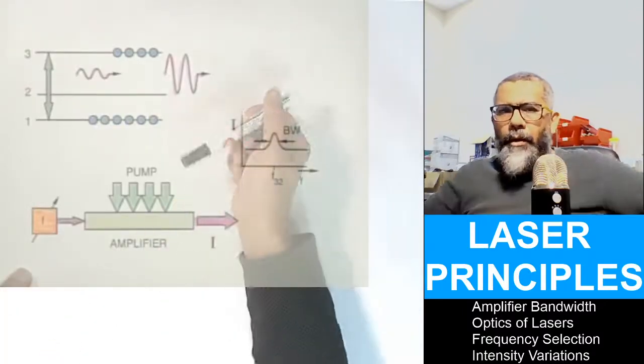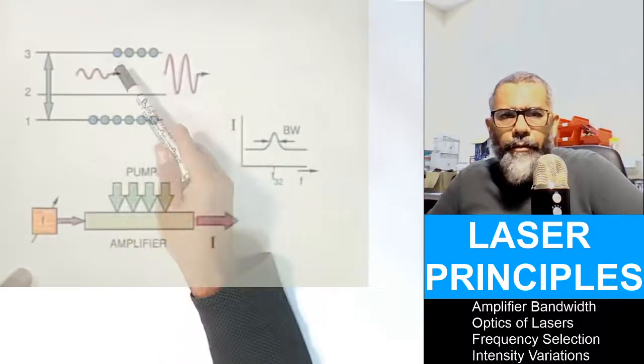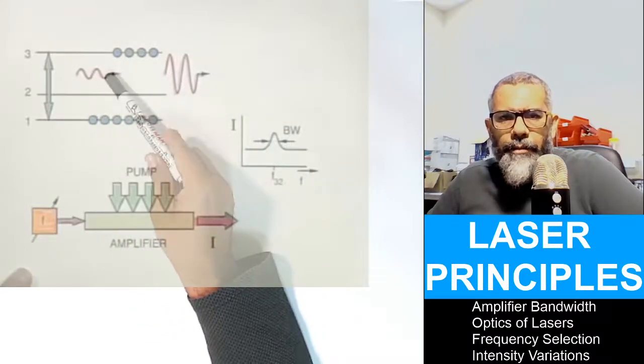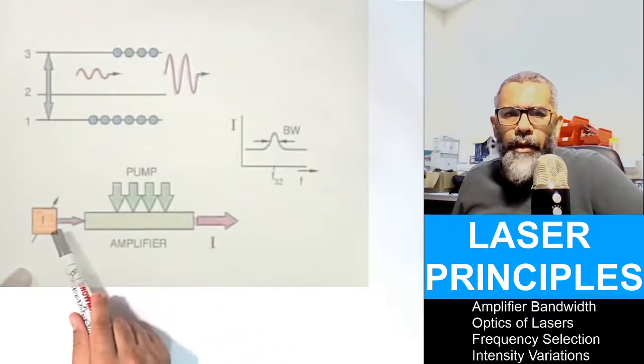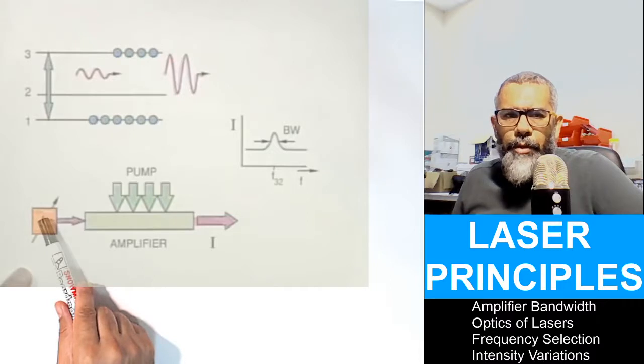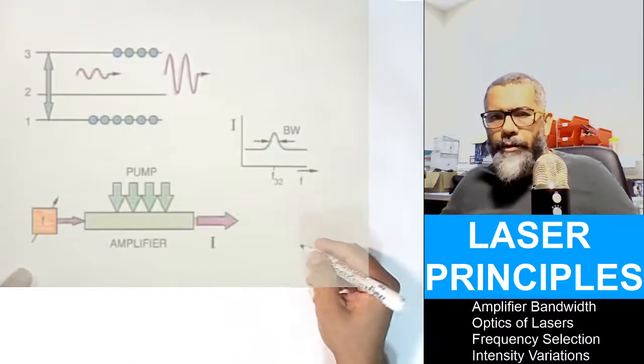So what you see in this slide is that now you have a 3-level system making up your amplifier, and you have a photon source, a variable frequency photon source, and suppose you put a detector over here.